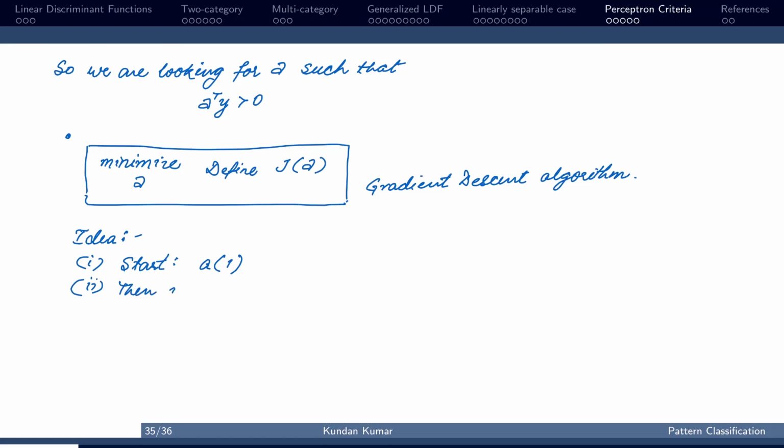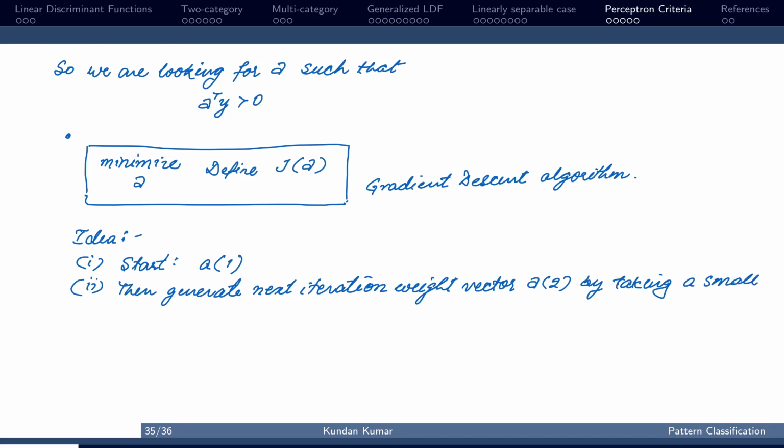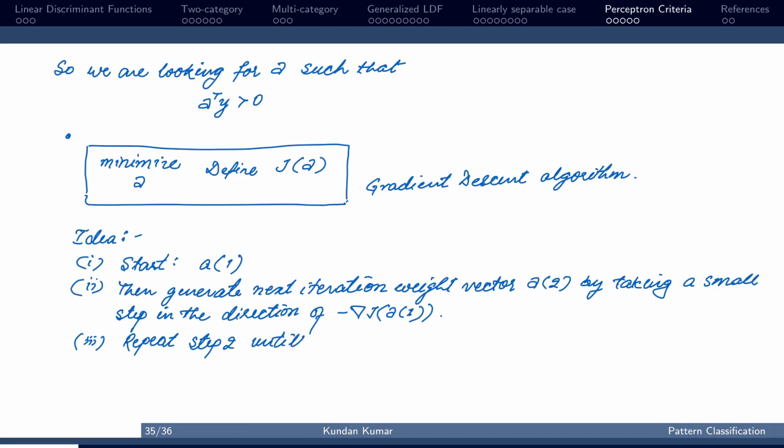Then generate the next iteration weight vector a2 by taking a small step in the direction of the negative gradient of the criteria function, and repeat step 2 until we get the solution.